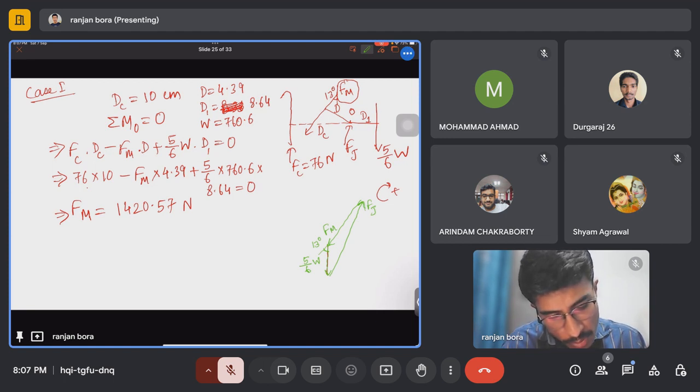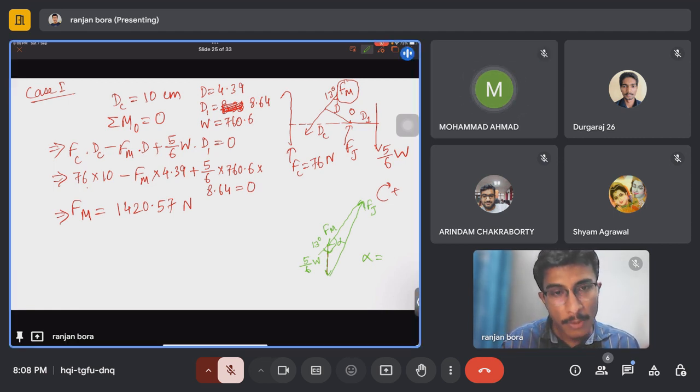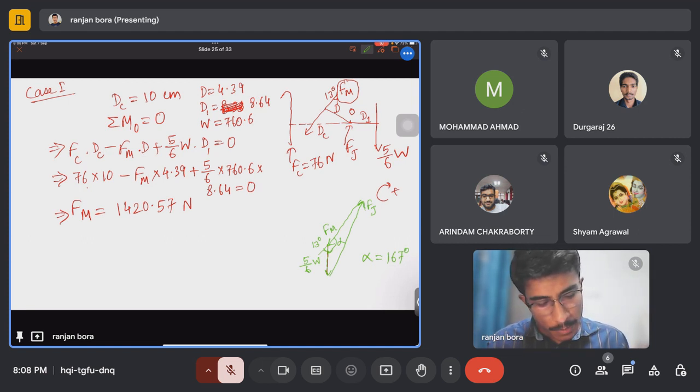So we need this angle alpha. What will be alpha? It will be 180 minus 13, which comes to 167.